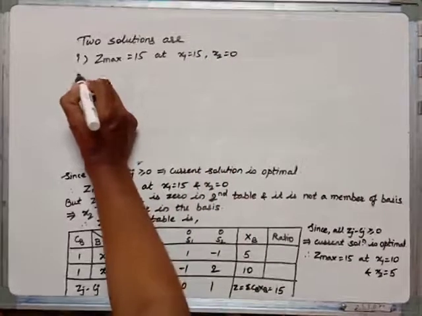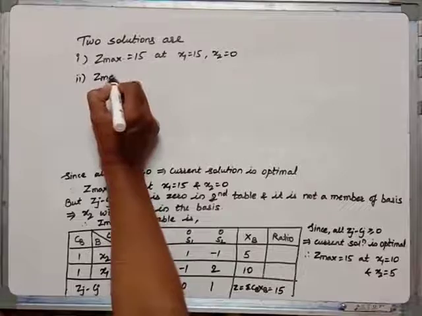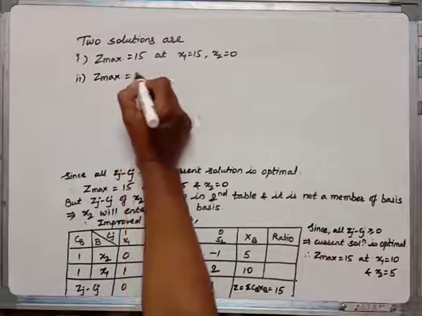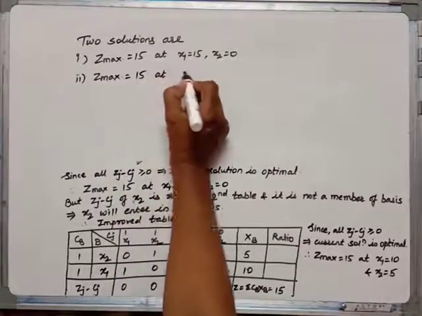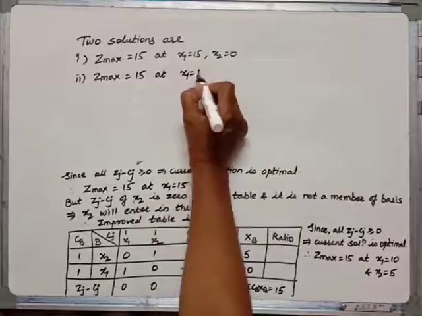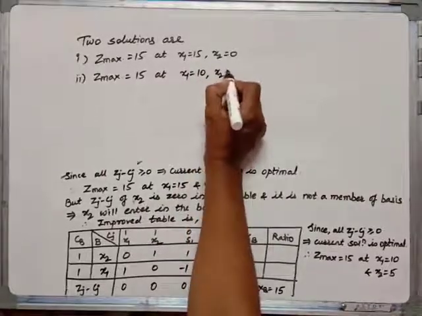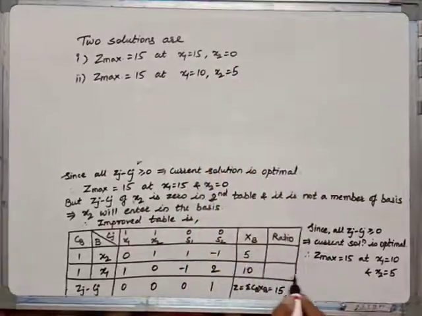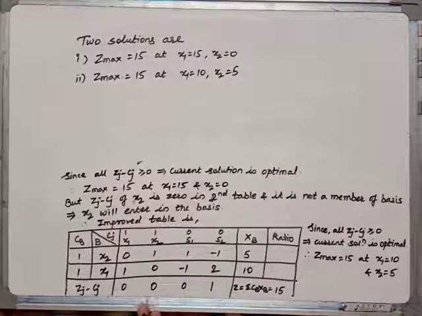And the second one, Z max is equal to 15 at x1 equal to 10 and x2 equal to 5. Now, this is the answer of this alternate solution problem.